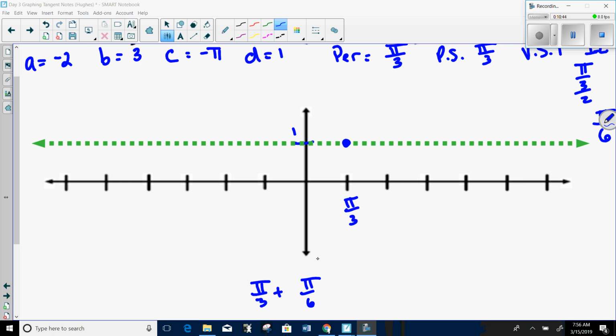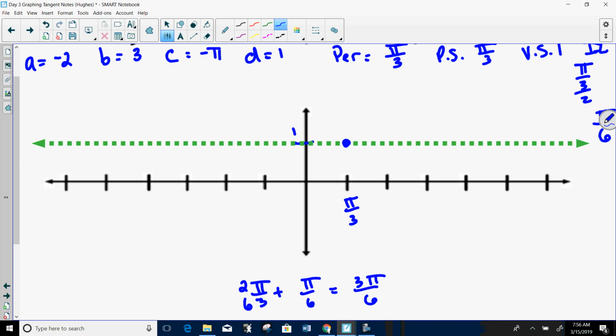So I have to add the interval length, pi over 6. I need to get a common denominator, so I'd make this 2 over 6, multiply everything by 2. 2 pi over 6 plus pi over 6 would be 3 pi over 6, which reduces to pi over 2. So this point right here would be pi over 2.